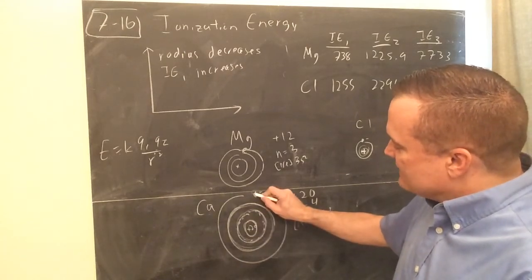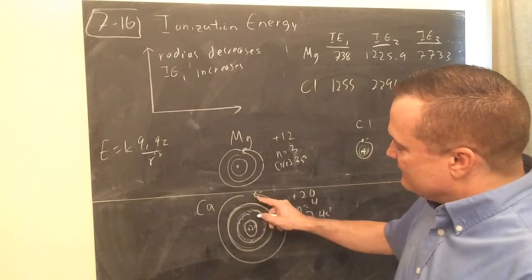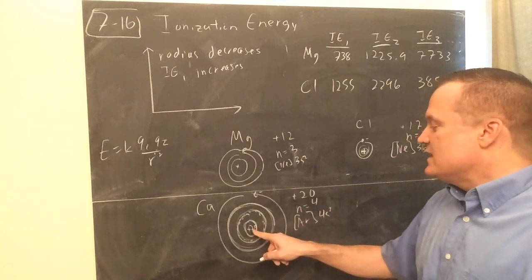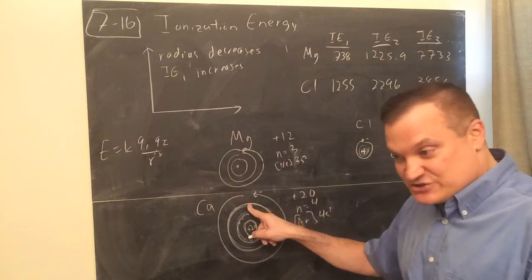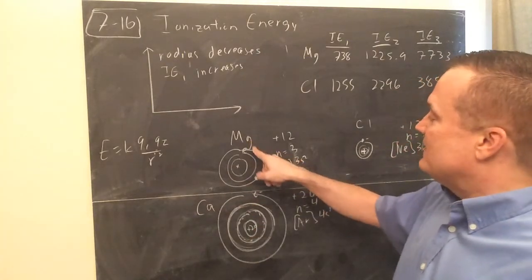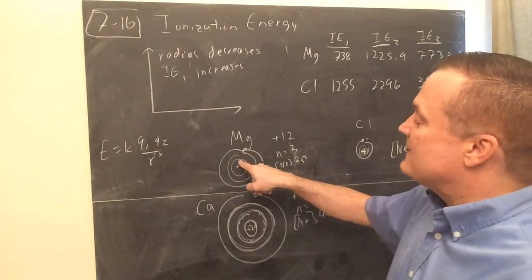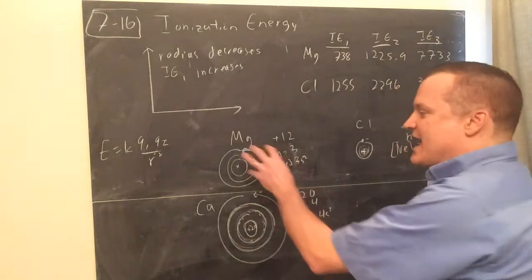So the electron in the n equals 4 is shielded from the nuclear charge by the n equals 1, n equals 2, and n equals 3 shells. But the magnesium electron at n equals 3 has less shielding, only shielded by the n equals 1, n equals 2. So having less shielding makes the atom smaller.